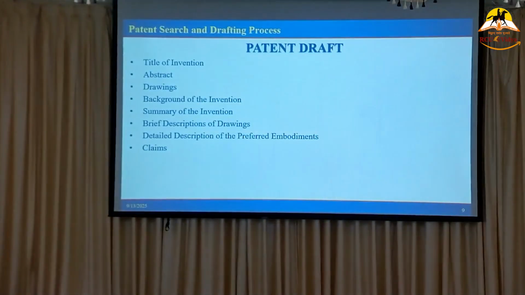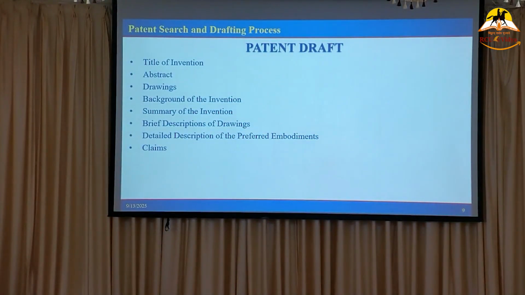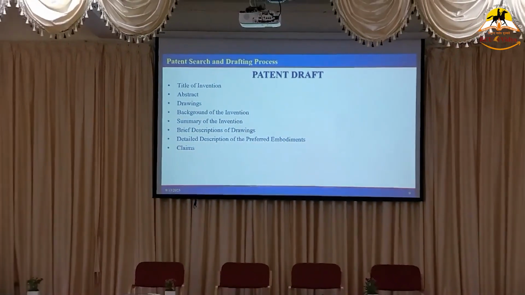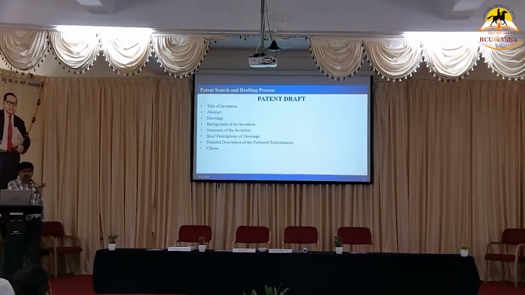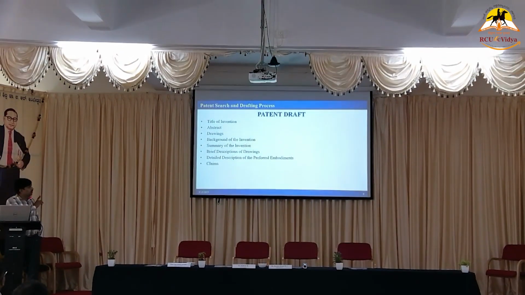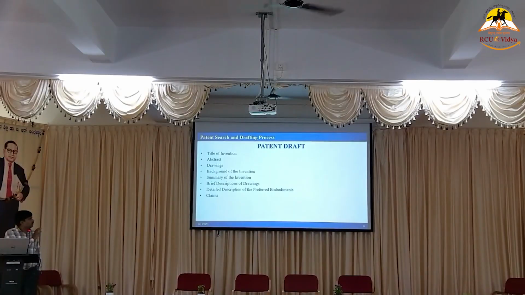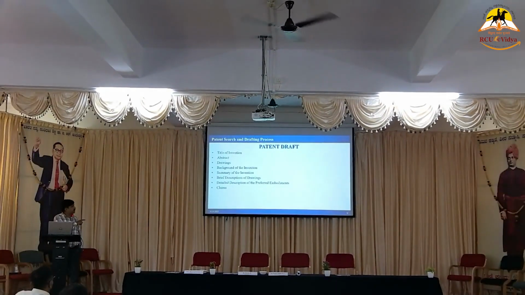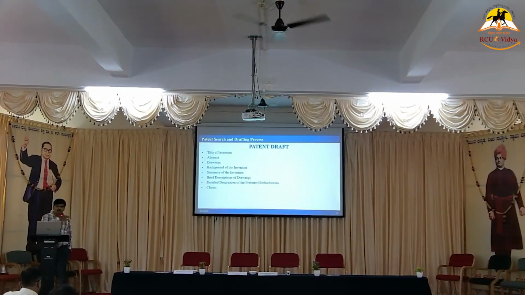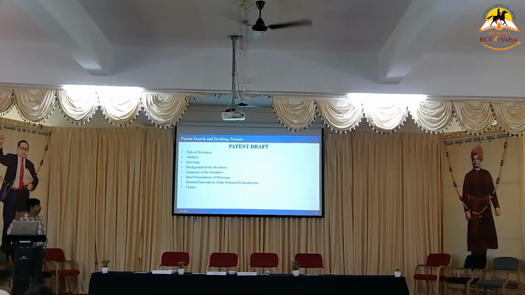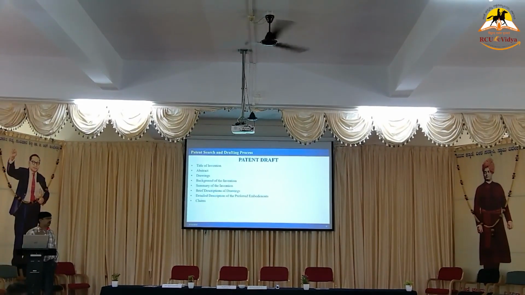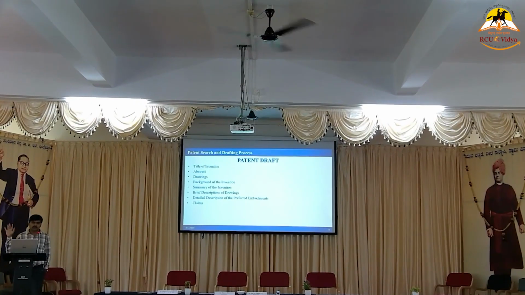For example, in chemistry, some methodology we have developed, a new method. For that method, there will be no drawings. Okay, this is one of the examples we have given. But the title of the invention should be there, the abstract should be there, the summary of the invention is compulsory, and the brief description of the invention is compulsory. And the detailed description of the invention is compulsory, and claims are very, very important.